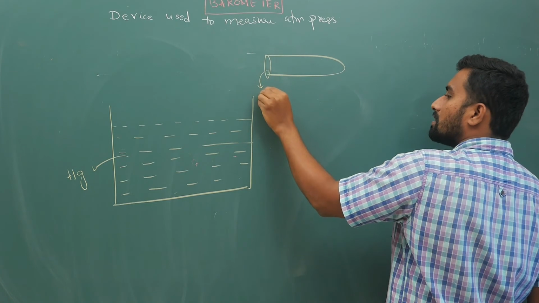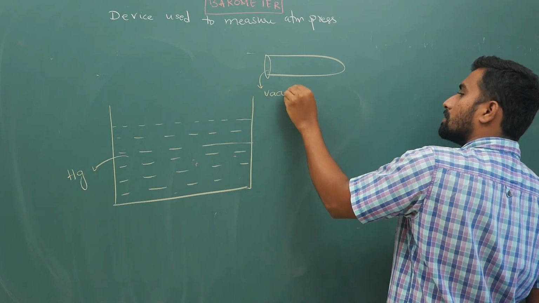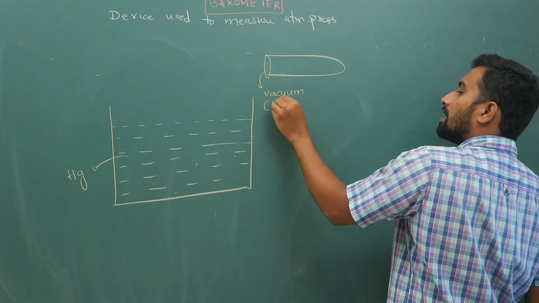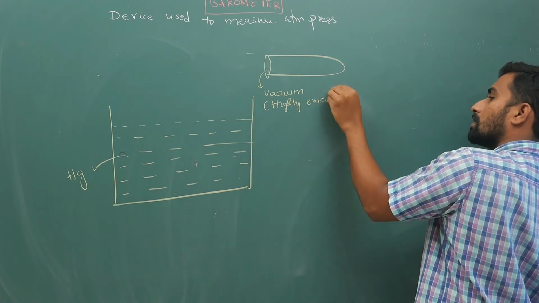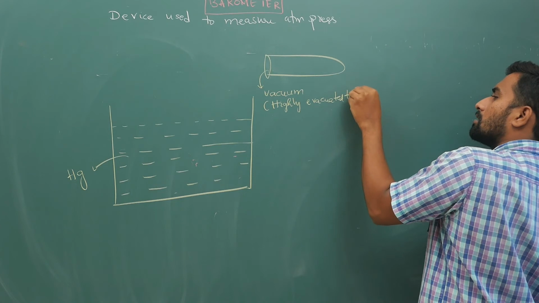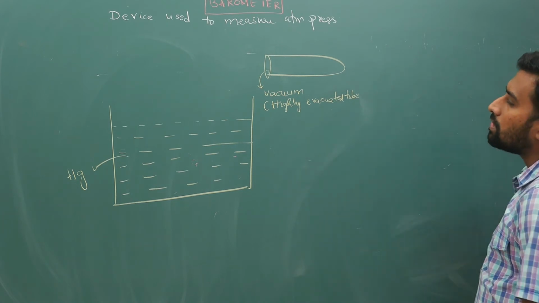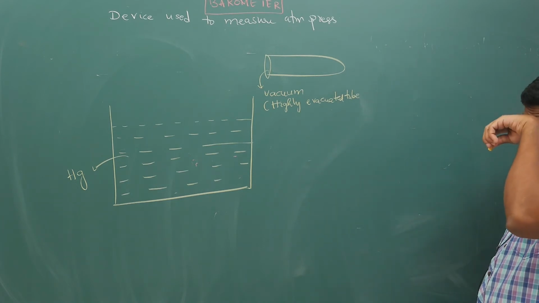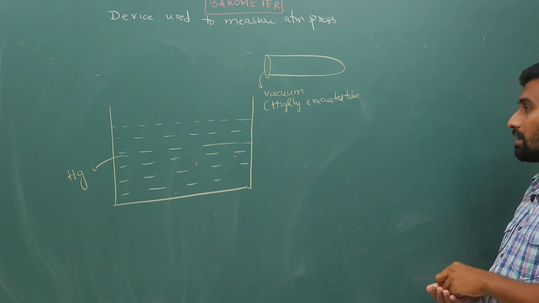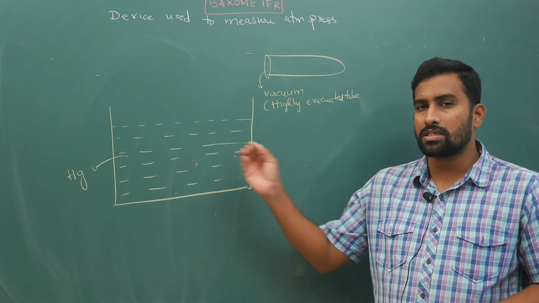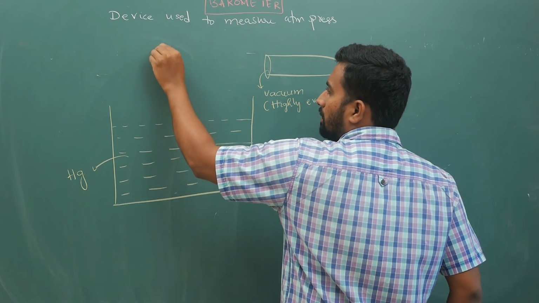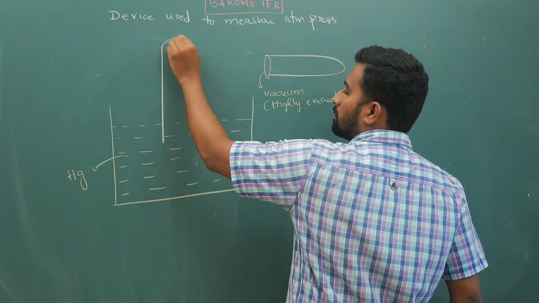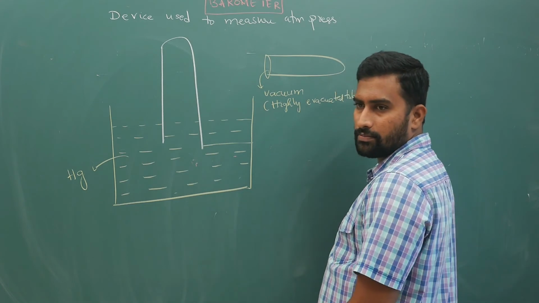This is vacuum, indirectly a highly evacuated tube. Now what a barometer is: this highly evacuated tube will be dipped into this mercury. Now after dipping into the mercury, what will happen?